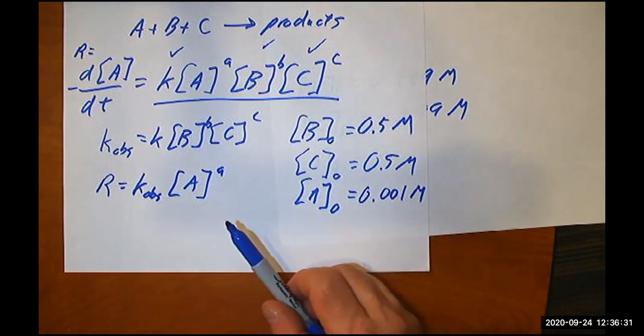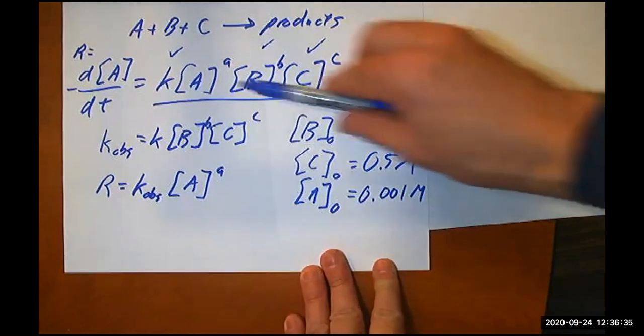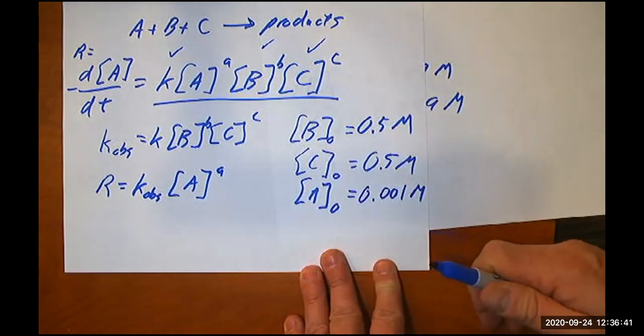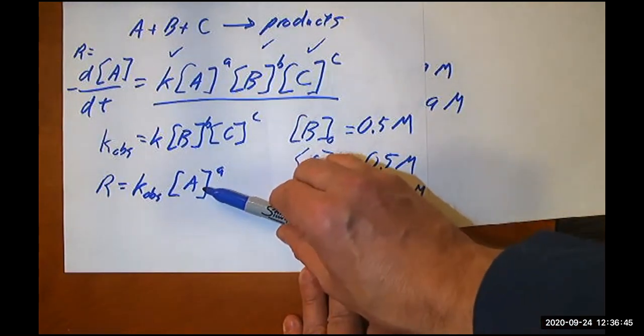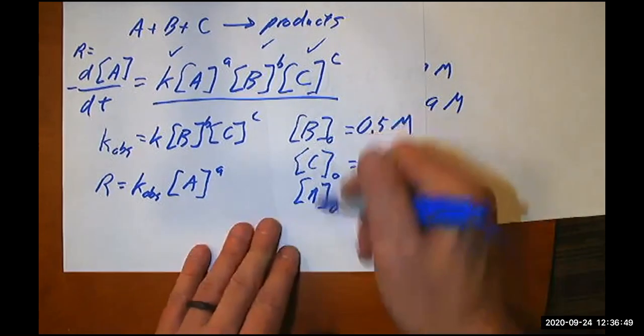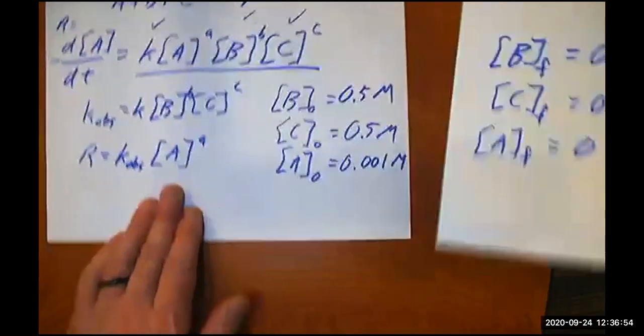What this does is that for this set of conditions, we've taken a complicated rate law and broken it down so that only one concentration matters. And now we can look at this one by itself and say, what kind of reaction is it? So under these conditions, we measure this concentration as a function of time, and we plot it.